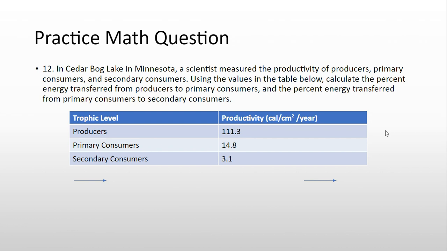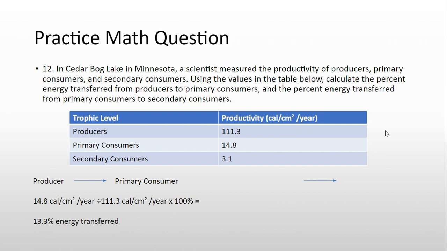In a cedar bog lake in Minnesota, scientists measure the productivity of our producers, consumers, and secondary consumers using the table values below. You have to calculate the percent energy transferred from producer to primary consumer, and so on. In order to find the energy transferred from producer to primary consumer, we take the productivity found at the primary consumer level and divide that by the producer level.